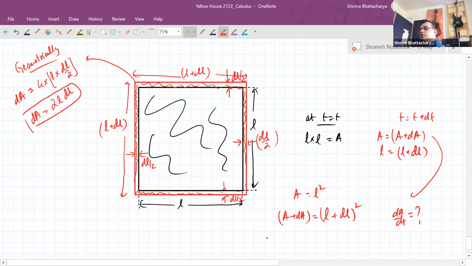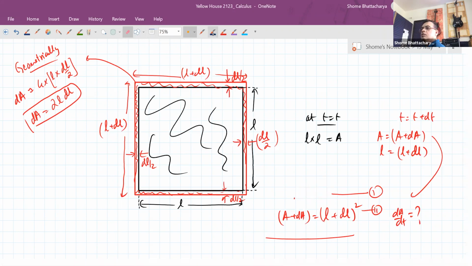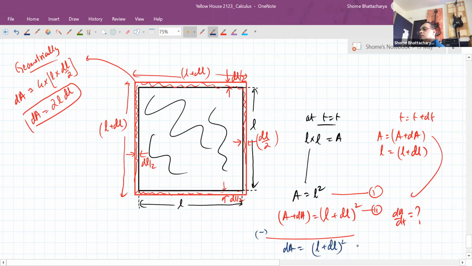Similarly, if you do algebraically, you can see that by subtracting the two equations, you can see that dA, okay.